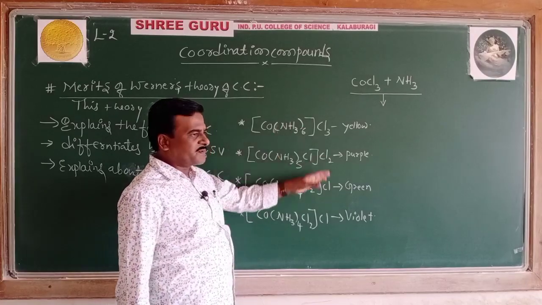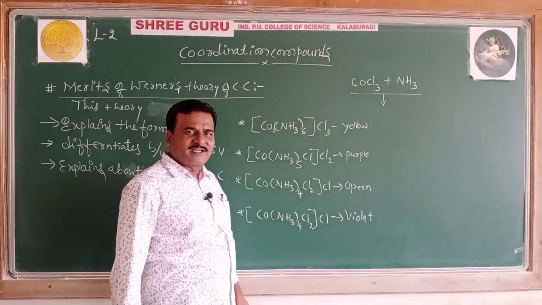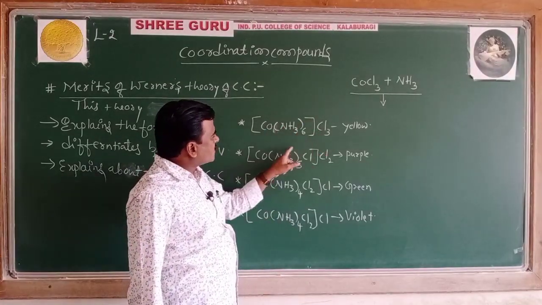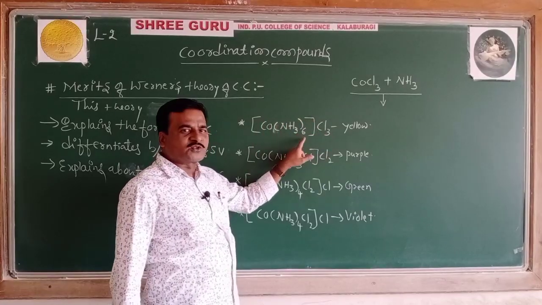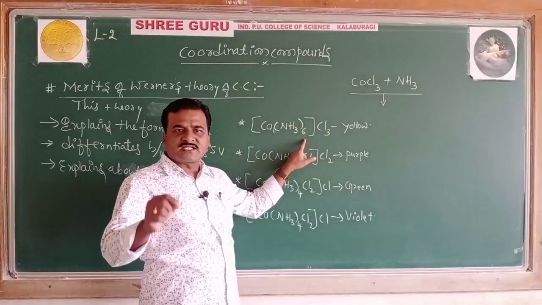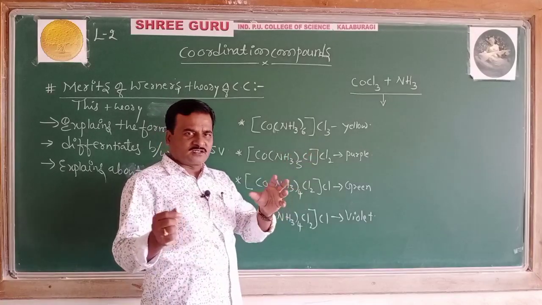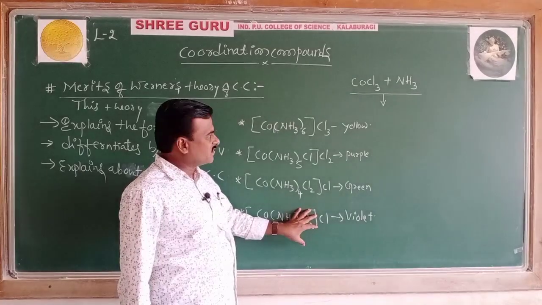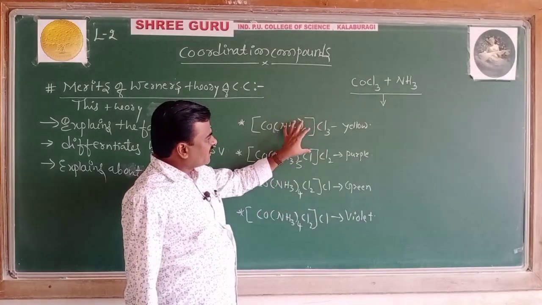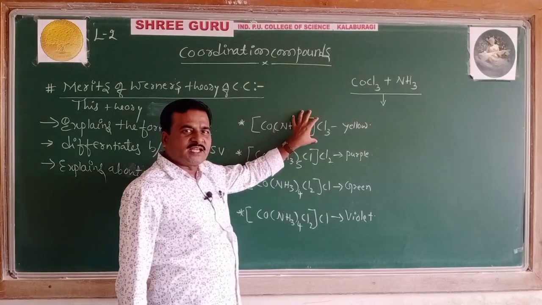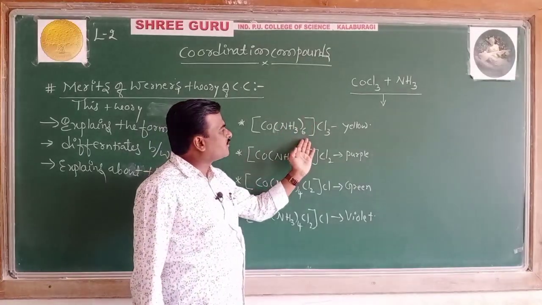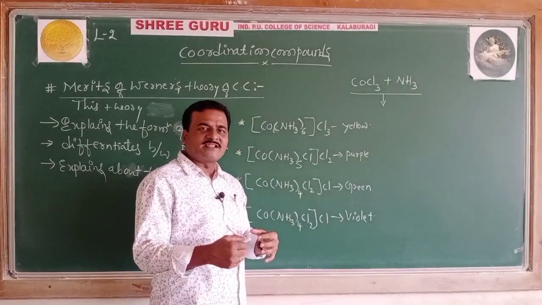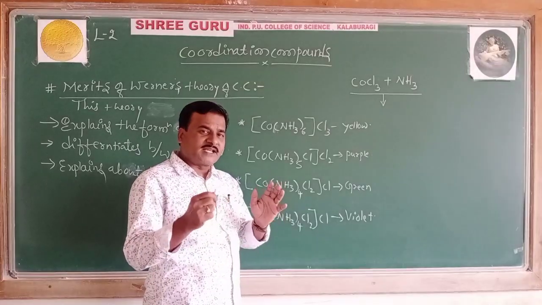Well, students, over this part a question has appeared in the CET competitive examination: when the aqueous solution of these compounds is treated with silver nitrate solution, how many moles of silver chloride get precipitated, or how many moles of silver nitrate are consumed? Such a type of question has appeared.